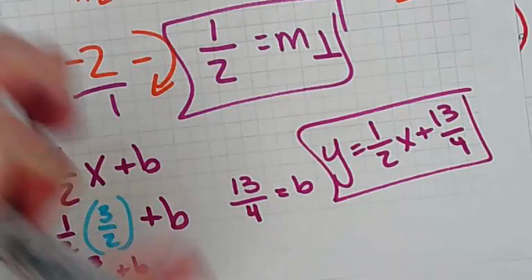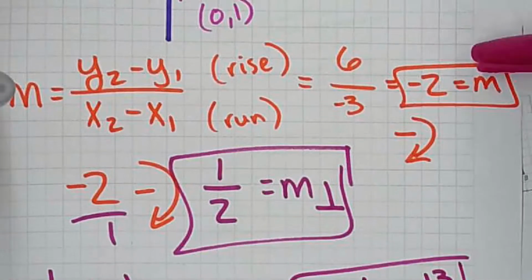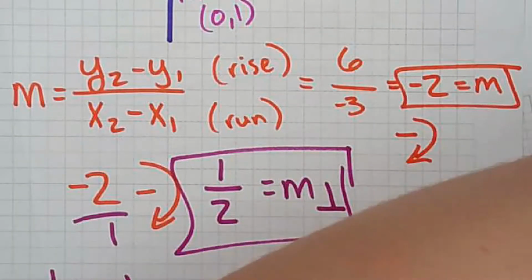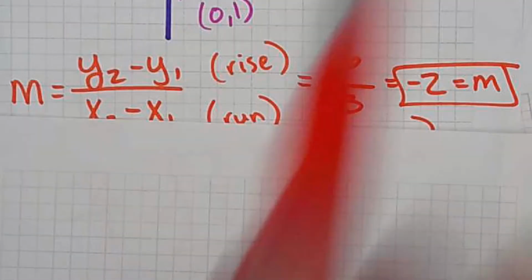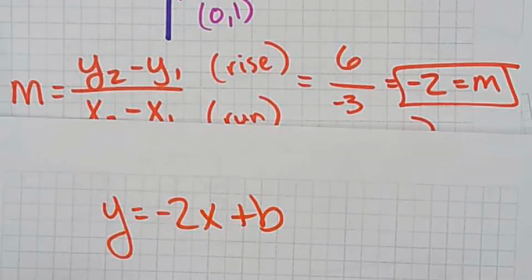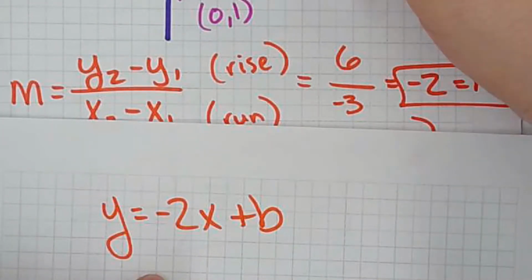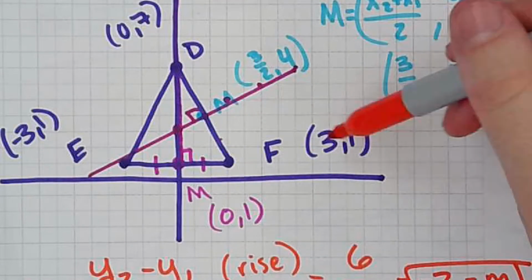Now let's find the equation for DF. Remember, DF, we already found the slope. It was -2. So our DF equation is going to be y equals -2x plus b. And we know on this line segment right here, we have 2 points. We have 0, 7 and 3, 1. Either of those will work.